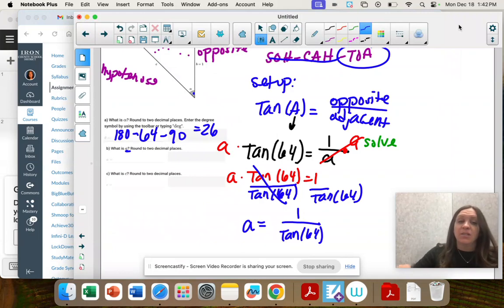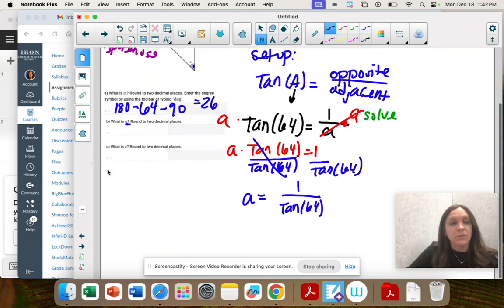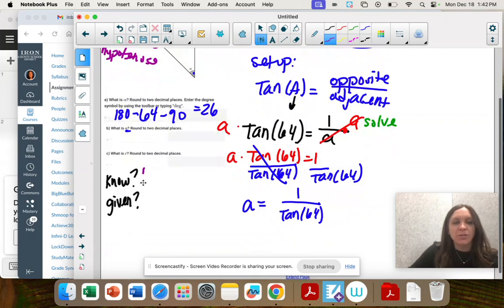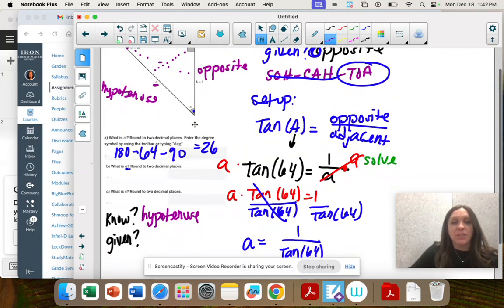Okay. So same thing with side C. What do we want to know and what are we given? We want to know side C, which is the hypotenuse. And we're given the opposite side.